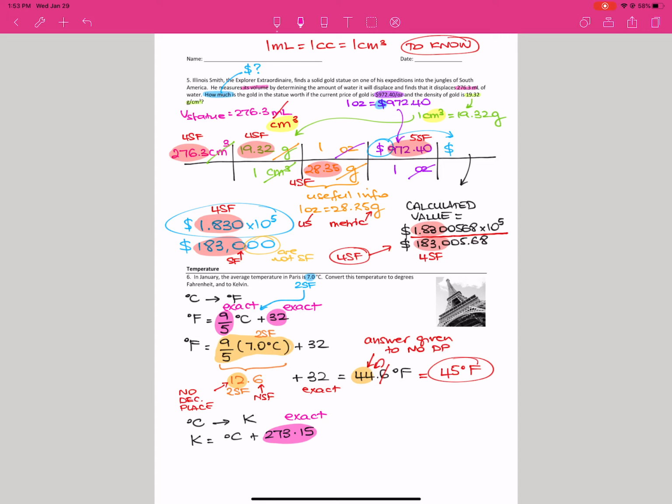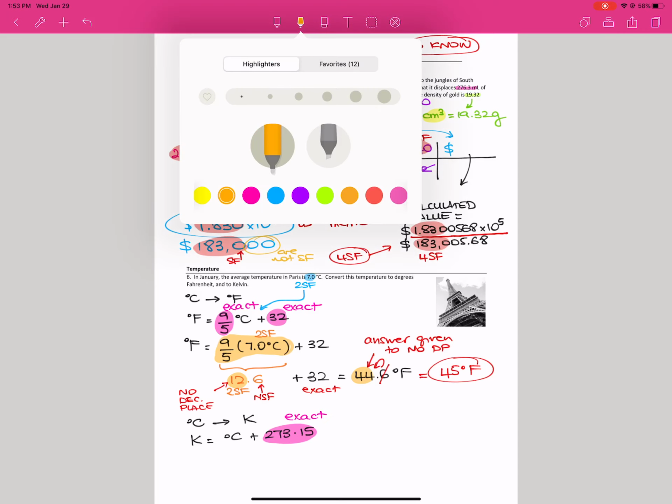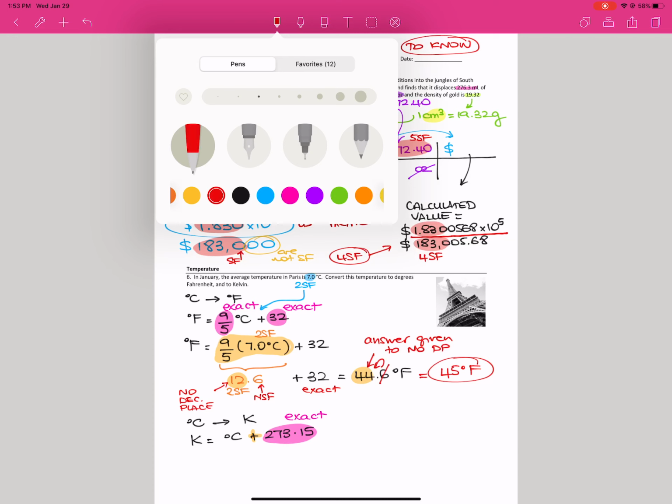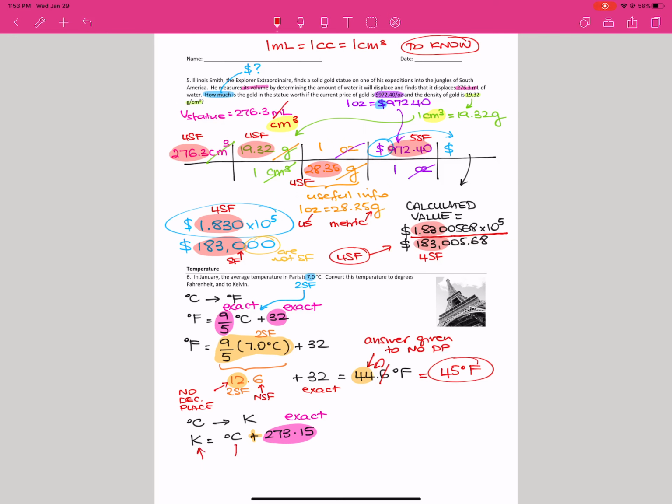Therefore, because you're doing an addition, you follow the number of decimal places. And since 273.15 is exact, your answer in Kelvin will always have the same number of decimal places as your temperature in Celsius.